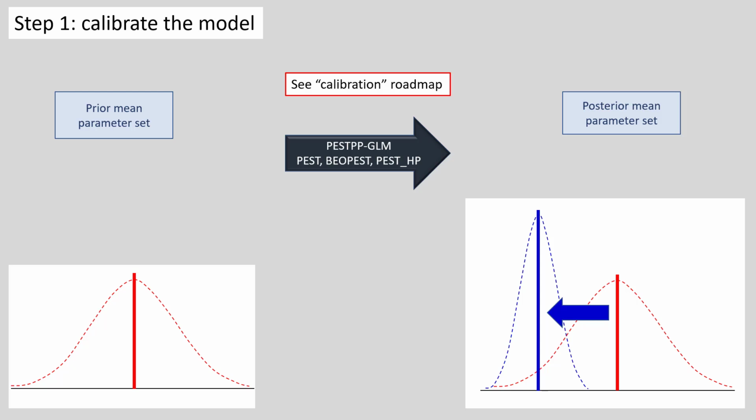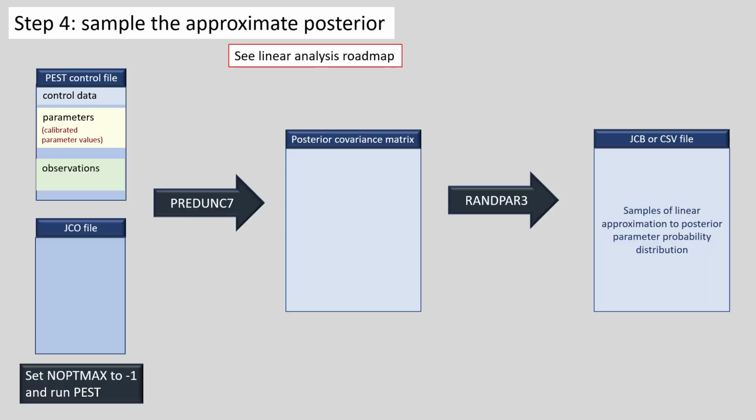So we have a linear approximation to the posterior parameter distribution, which is based on this covariance matrix and the calibrated parameter field. This posterior parameter probability distribution can then be sampled by IES. So effectively, IES is already starting from samples which are quite a good approximation to the posterior parameter probability distribution, and adjustment of the parameter realizations should be relatively fast in order to fit the calibration dataset well. And often this reduces the number of iterations that IES needs to undertake.